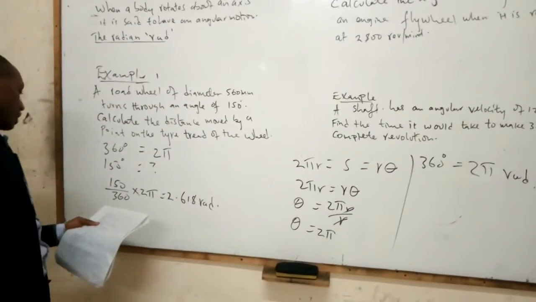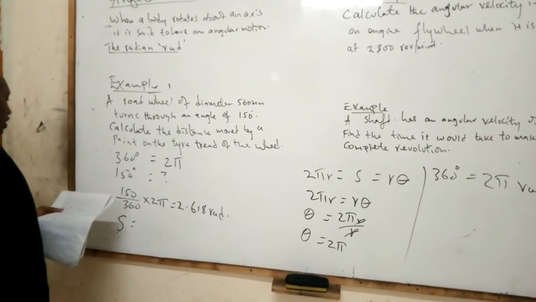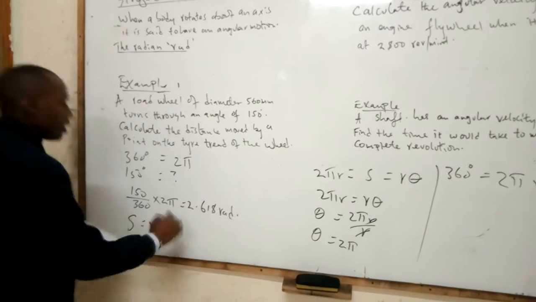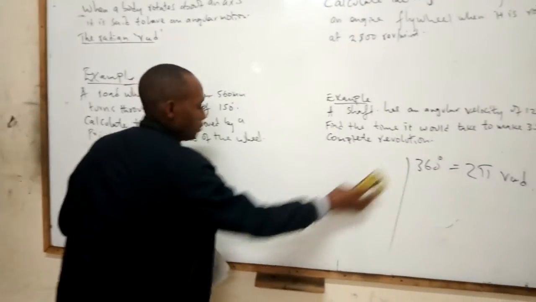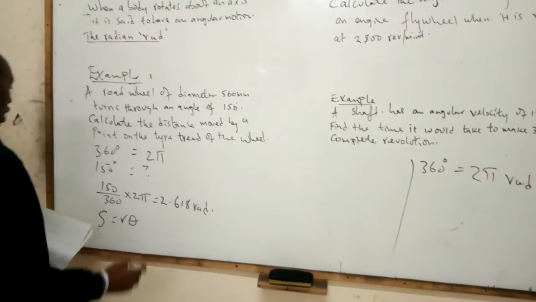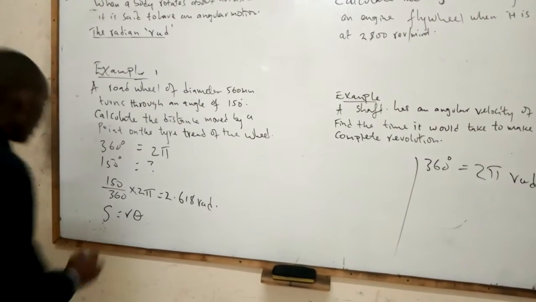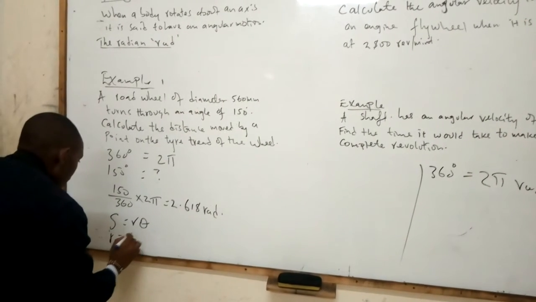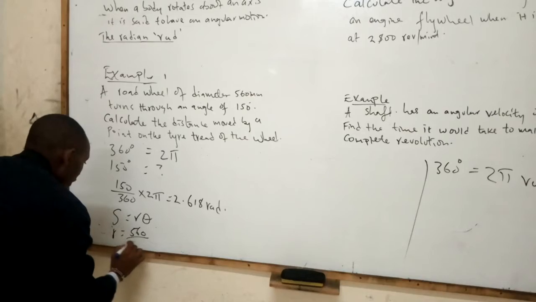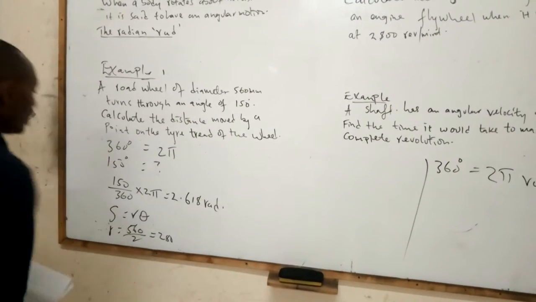You are told to calculate the distance moved by a point. Now, to get the distance s, or the displacement, it is given by r theta. We have the radius r. This is the diameter, 560, so it means 560 divided by 2 gives the radius, 280.